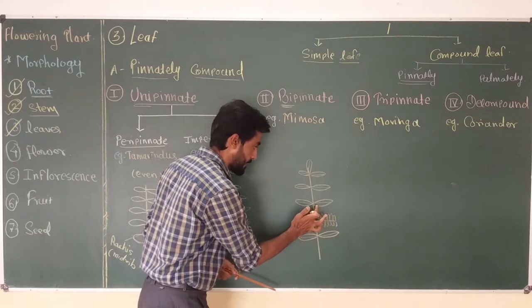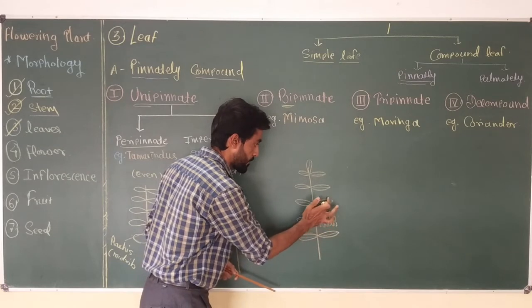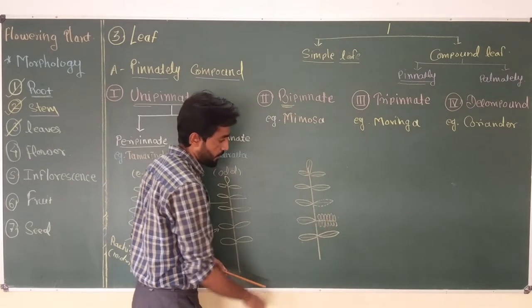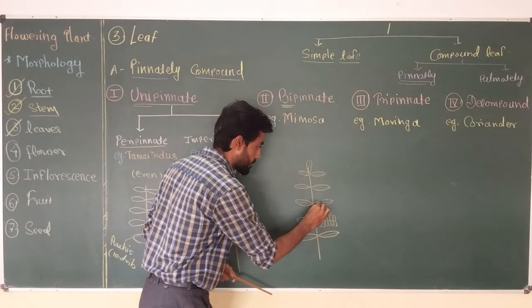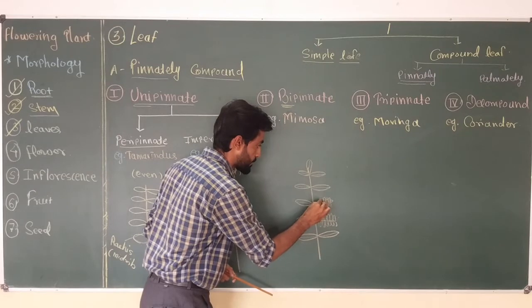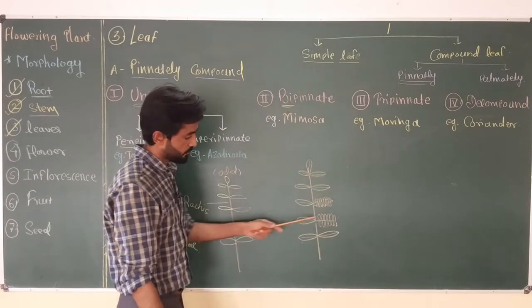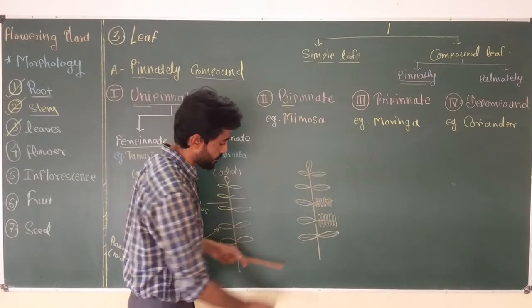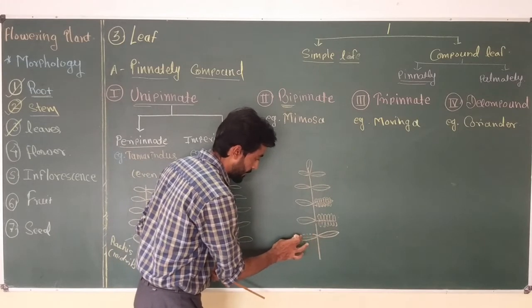That means this second incision occurs in this lamina or lip plate, and due to which small pinnae are produced on the branch. So similar structures are produced in every leaflet.